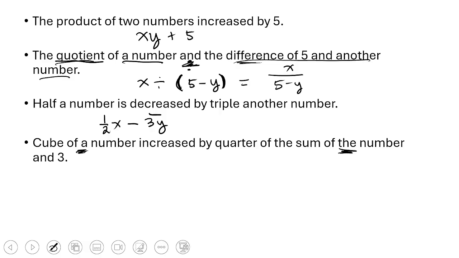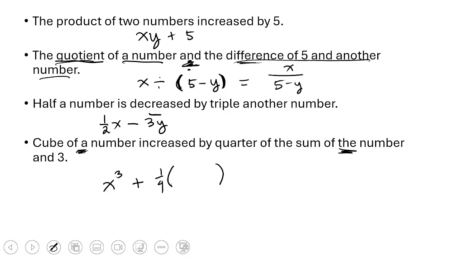So cube of a number would be x cubed, increased by, so we have an addition there, quarter of, so when we say quarter, we have one fourth, so one fourth of the sum. We have an addition here. We will get one fourth of whatever we add, so we need to put a parenthesis there.